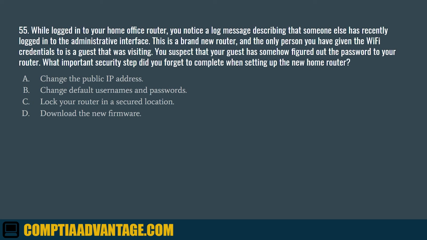What important security step did you forget to complete when setting up the new home router? A. Change the public IP address. B. Change default usernames and passwords. C. Lock your router in a secured location. D. Download the new firmware. The correct answer is B. Change default usernames and passwords.